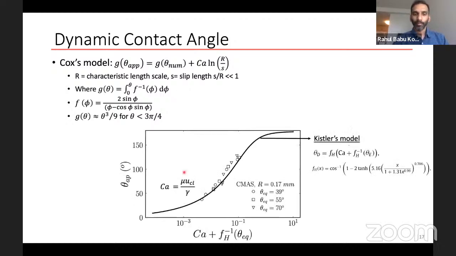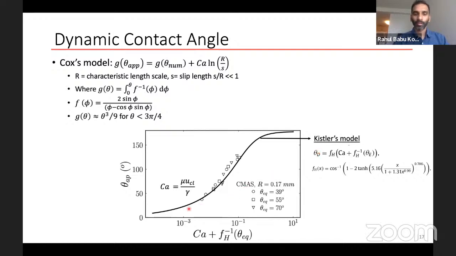We do the same, but instead of Cox's model, we use Kistler's model, which is an empirical fit based on a lot of experimental data. And interestingly, this also has the same functional form as the Cox model. So that's a very good thing for us.